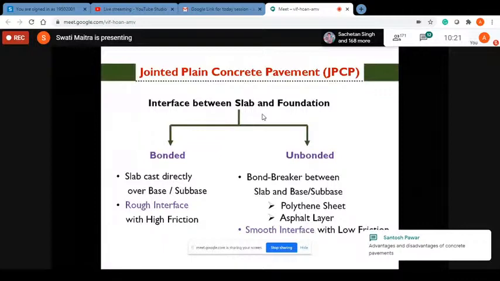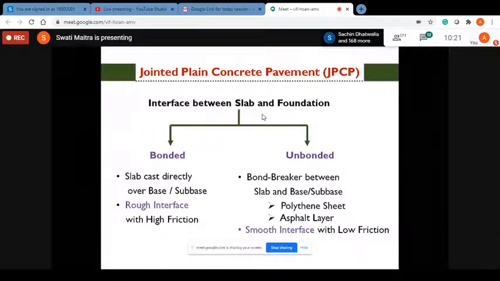So when there is a difference in temperature, particularly seasonal or daily, unbonded interface is preferred. So in India, we have varied seasonal variation all over our country. So in the IRC code, it is considered that we will use an unbonded interface with a bond breaker in between the slab and the foundation.